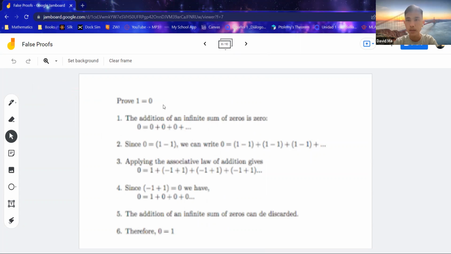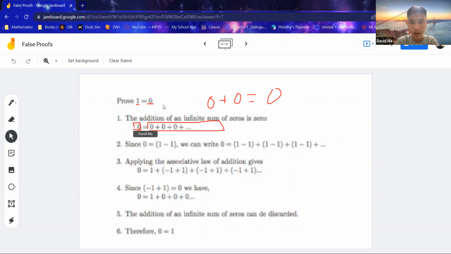For this example, we're going to prove 1 equals 0. So right here we have 0, and of course 0 plus 0 also equals 0, right? So theoretically, we could add infinitely many zeros together, and we still have a 0 in the end.